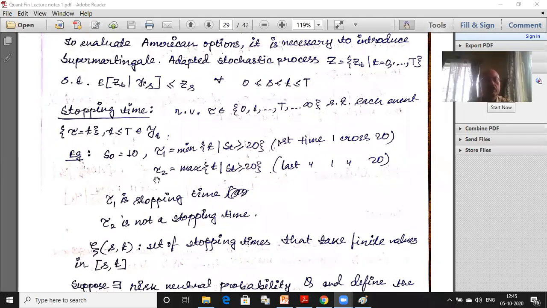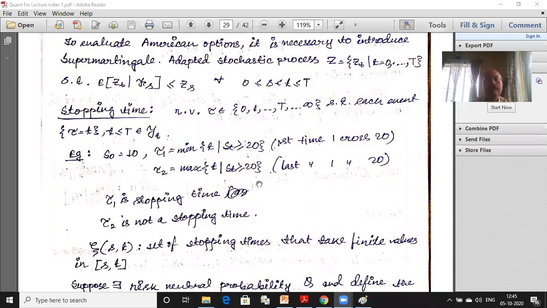Okay, so let me also talk about this example that might help matters, because I don't know whether you are able to follow. Suppose my stock price is 10 at time 0, and I define a stopping time tau 1 to be the first time it crosses 20, and another candidate stopping time tau 2, which is the last time it crosses 20.